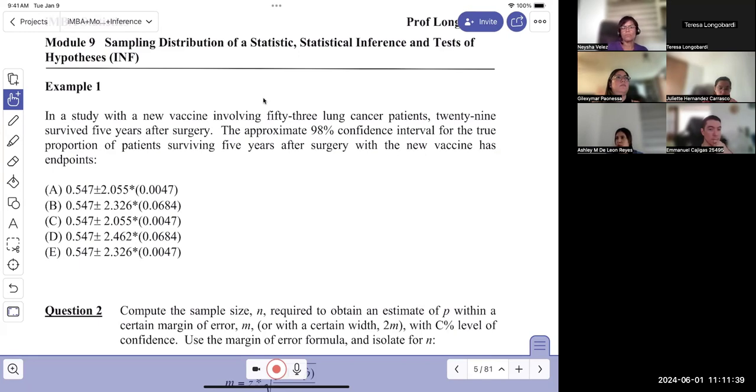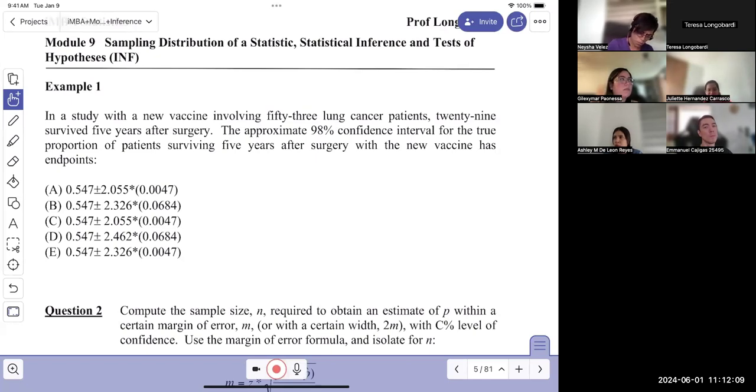And these are the results of an experiment. What was the sample size in this experiment? What was the N? Damaris?